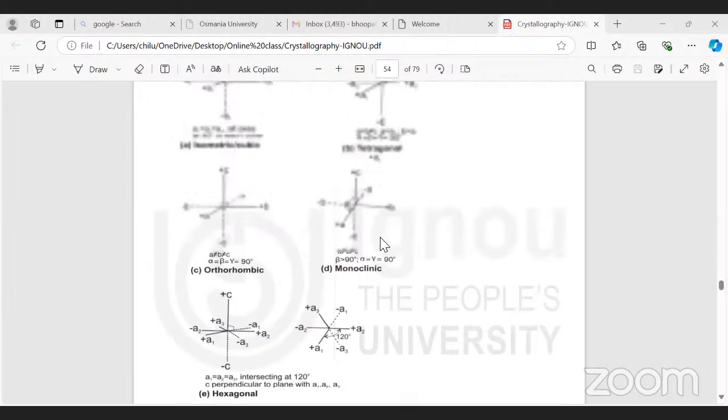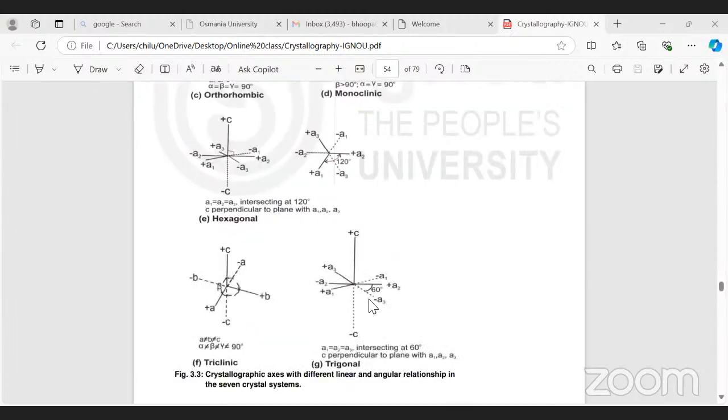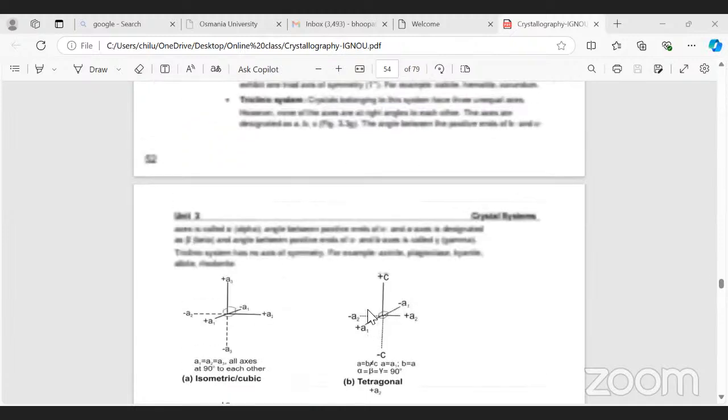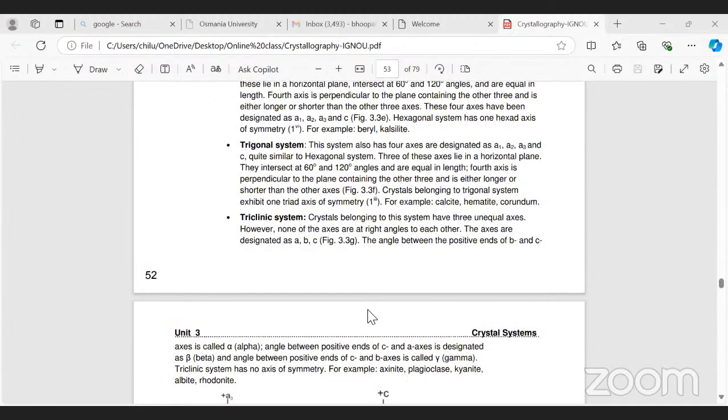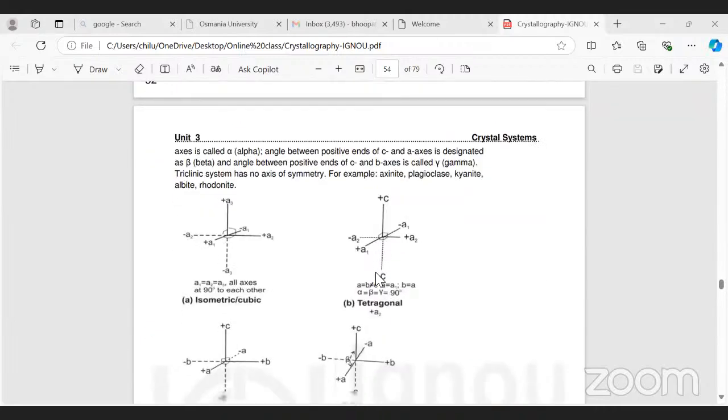In a trigonal system, you see here, it also has four axes, A1, A2, A3 and C. It is similar to the hexagonal because the horizontal axes are equal, but they intersect at 60 degrees and 120 degrees.